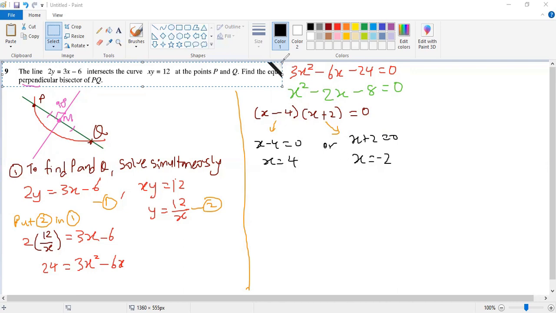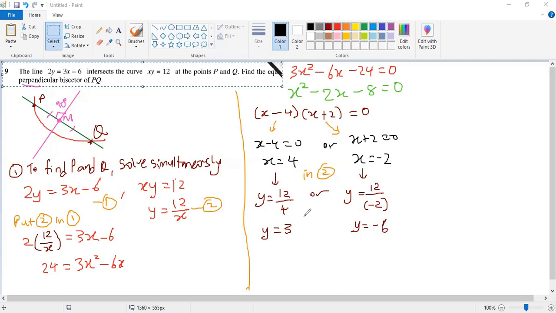And then we substitute back in equation 2, because it's easier. We're calculating the y coordinate. So y is 12 over x: 12 over 4, or 12 over negative 2, from which we can see that y equals 3, or y equals negative 6.